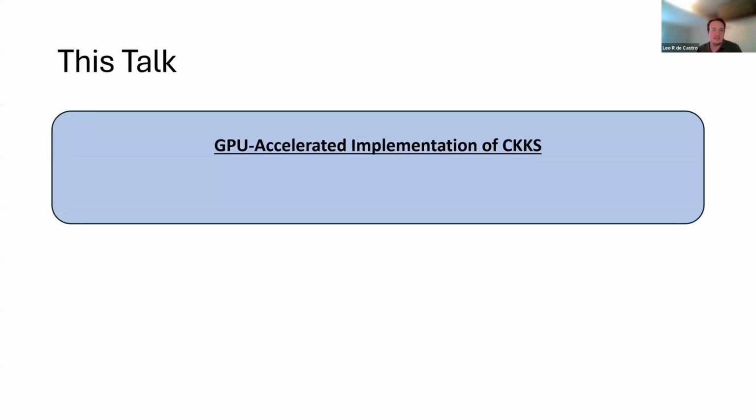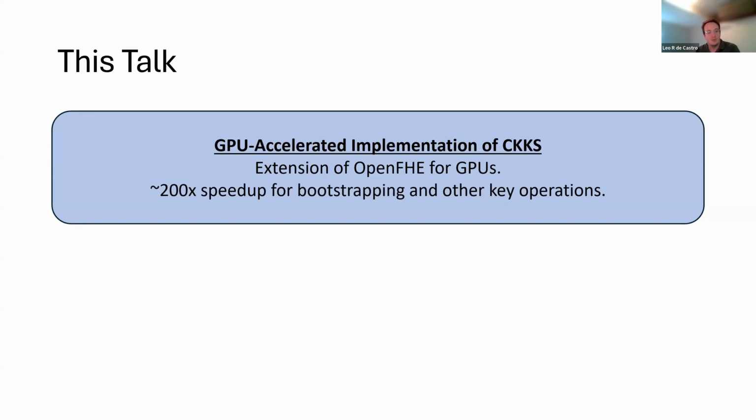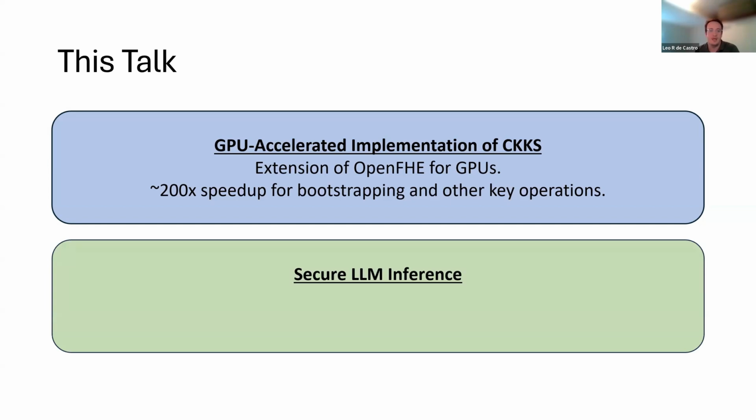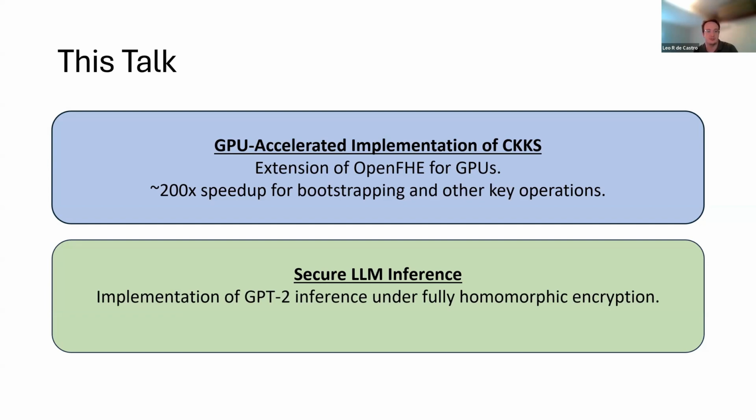So in this talk, I'm going to talk about our extension for OpenFHE that makes use of GPUs. And what we see here is roughly 200x speed up in these key operations that can extend to really any other application. And the application that we apply this to is secure LLM inference. So we implement a GPT-2 forward pass under FHE.